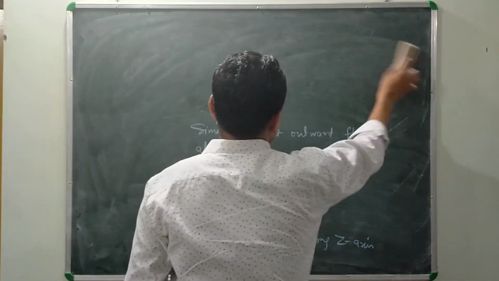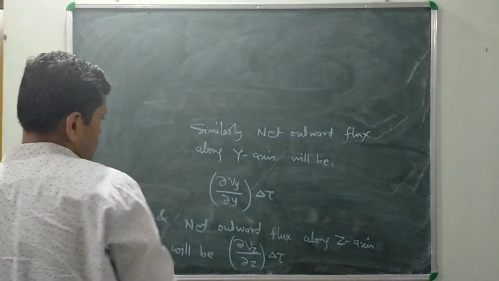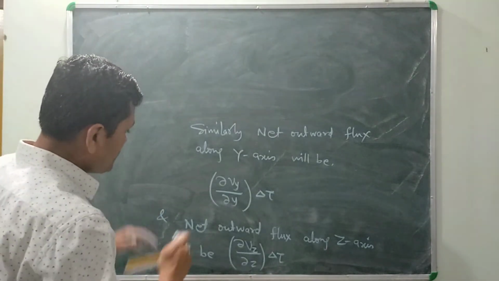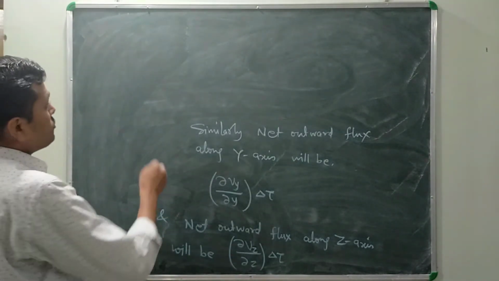Now we may sum up these three fluxes for getting the net outward flux through the cuboid.